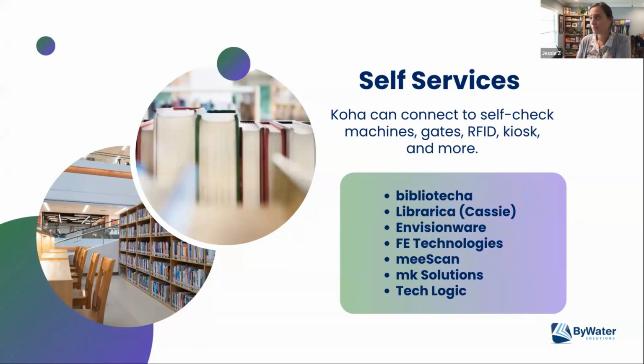Some of the library vendors that we have worked with include Biblioteca, Cassie, Envisionware, FE Technologies, MeScan, MK Solutions, and of course, TechLogic. Typically, these are SIP or SIP2 connections that we set up with your Koha system in order to connect directly to those self-service products.